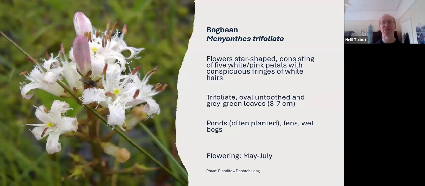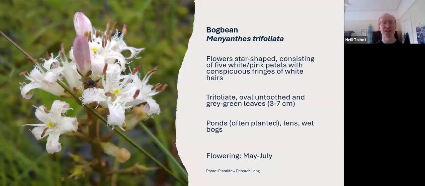You can't see it in this picture, but they've got quite large trifoliate, oval and untoothed leaves that are grey to greenish in colour. And then you've got this spike of white and pinkish petals, with the conspicuous hair fringes.